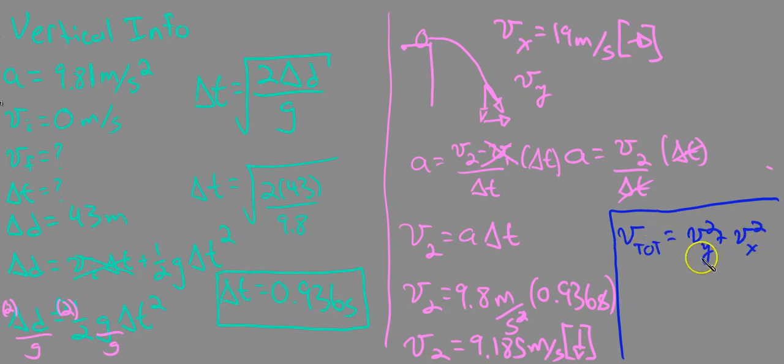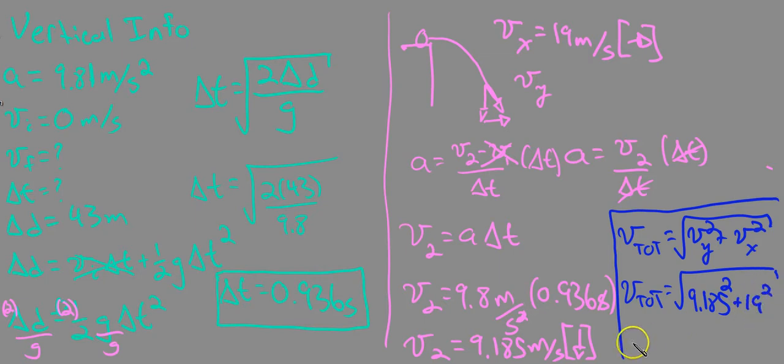But rather than having squared there, I'll square root that right away. So my total is going to be the square root of 9.185 squared plus 19 squared. When I work that out, I should get 21.1 meters per second. My program is not working, so I can't put that in, but that is how you would solve questions like this.